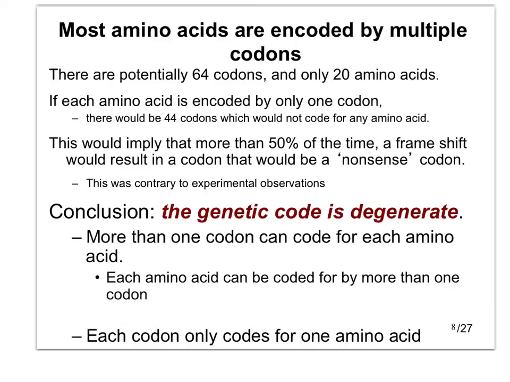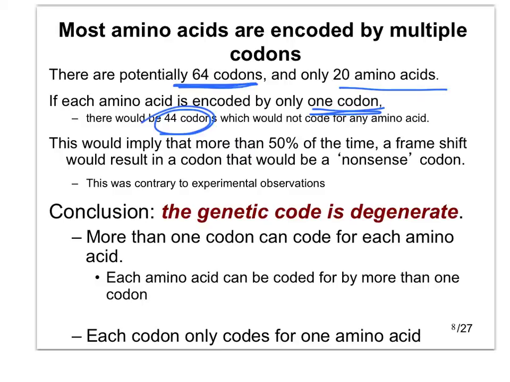Okay, so what we see here, if there's potentially 64 codons based on this triplet code, and only 20 amino acids, and if each amino acid only had 1 codon, we'd have all these codons left over that wouldn't code for any amino acid. When we look at RNAs that are functional, all 64 codons are represented in those mRNAs. And they don't skip any, so they must code for something. It's not that we just use 20 of the 64 codons, we do use all of the codons.